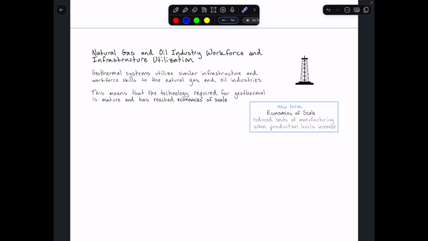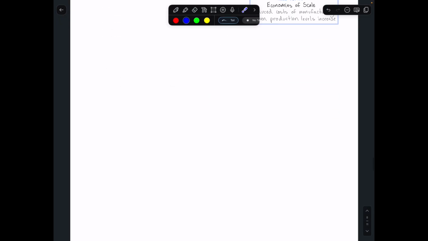But because these EGS systems use the same technology as natural gas and crude oil fracking systems, it's actually a lot cheaper and easier to build out enhanced geothermal systems across the world using existing workforces and infrastructure from the fossil fuel industry. All right, that was a little wordy. But yeah, that is it for our geothermal lecture.